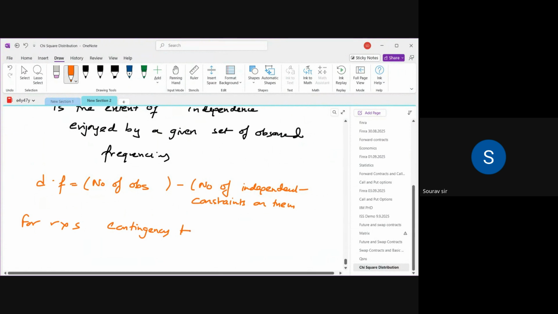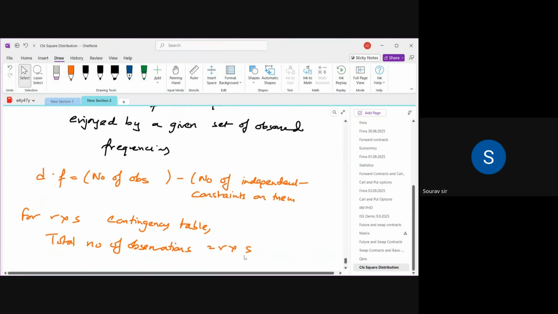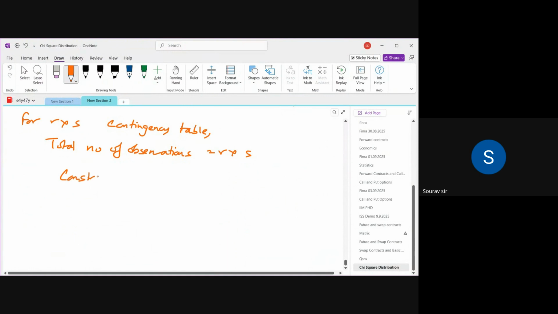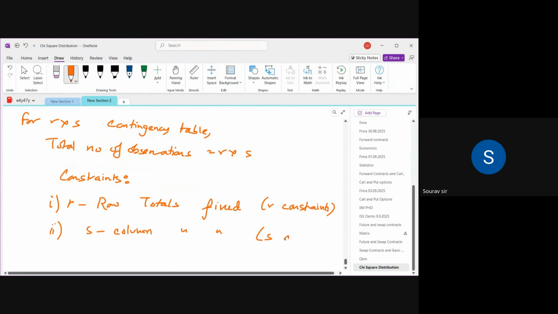The total number of observations will be R multiplied by S. Now, what are the constraints? Let's define them. The constraints are, first, R: the R row totals fixed, R constraints. And second is S: the column totals fixed, S constraints.